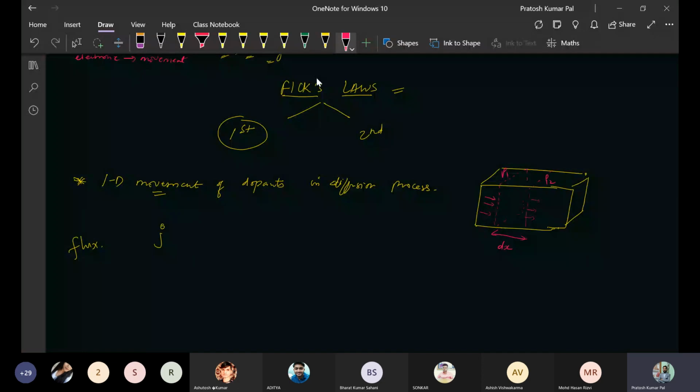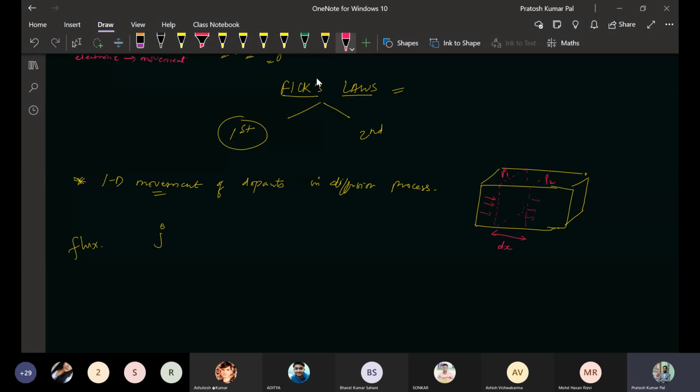Okay, so two planes we have taken. How much is the concentration of dopants crossing one plane, and the concentration crossing the other plane? This is defined by the flux. The flux is basically based on the concentration of dopant.